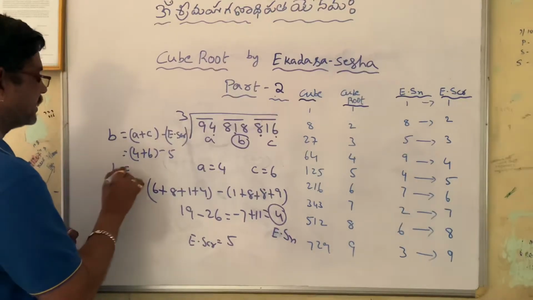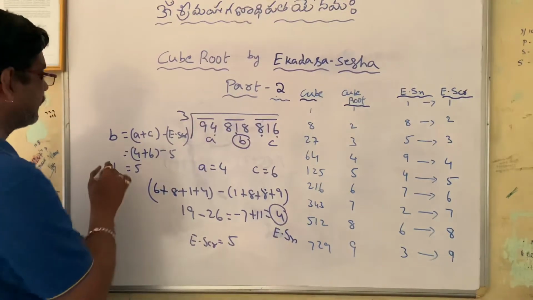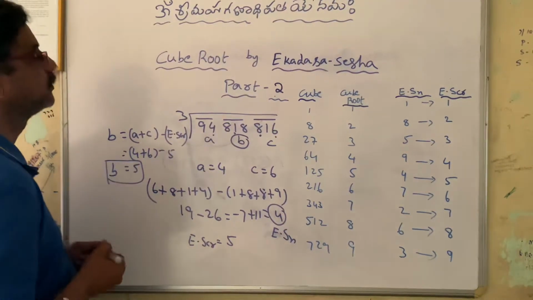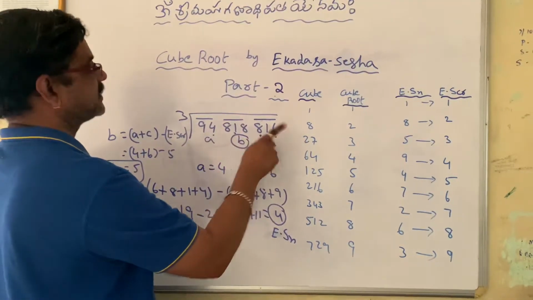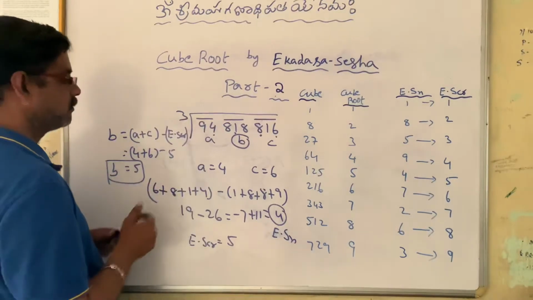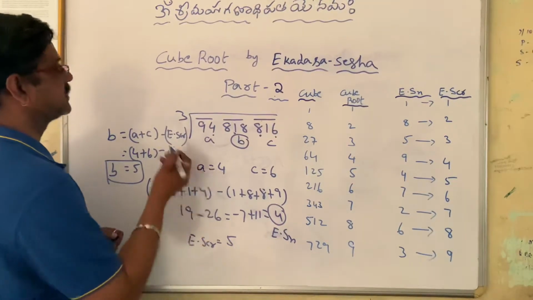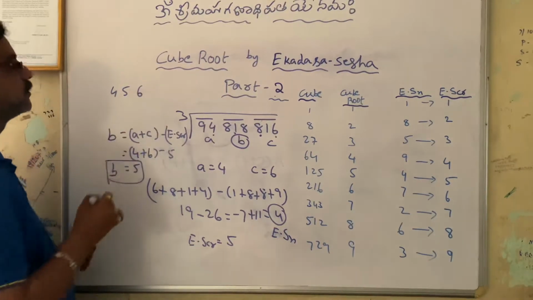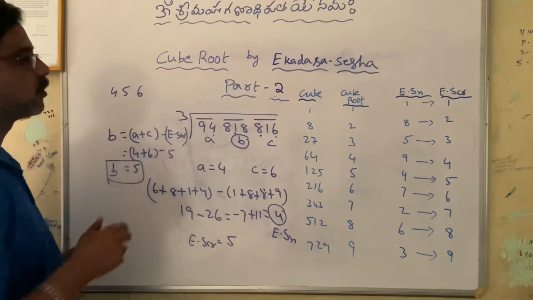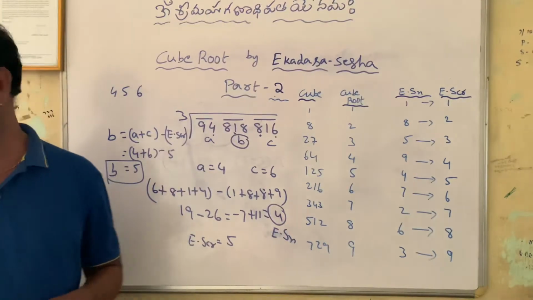The result is 5. So B value is 5. So the cube root of 94818 is 456. A is 4, B is 5, C is 6.